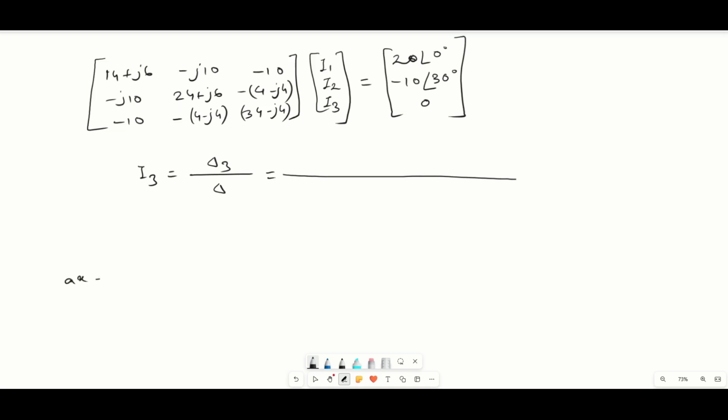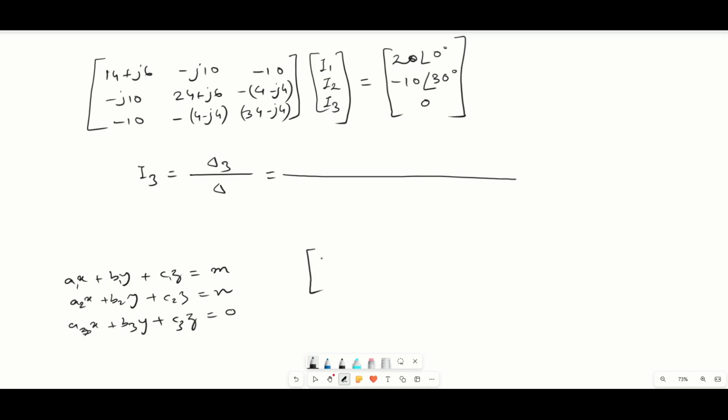Suppose a1x plus b1y plus c1z equals m. Then a2x plus b2y plus c2z equals n, and a3x plus b3y plus c3z equals o.